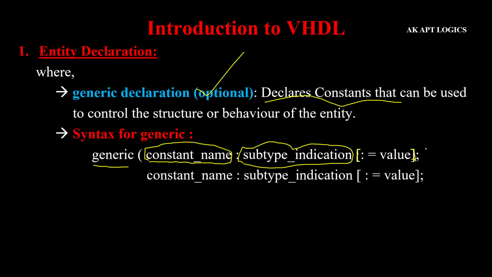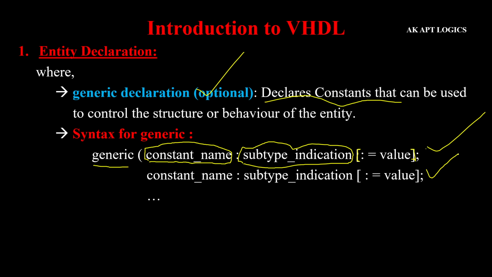If you have more than two or three variables, we can declare them like this. You can separate them by the semicolon. This is one constant, and after putting the semicolon inside the parenthesis itself, you can write another constant value, and so on.